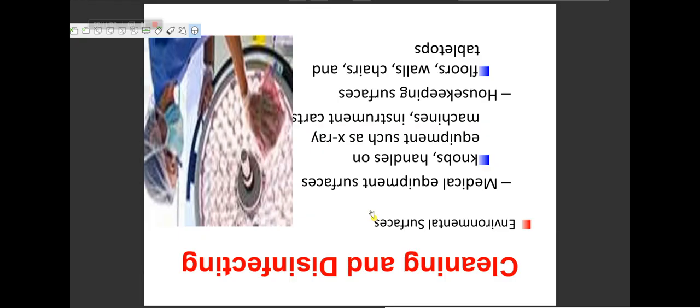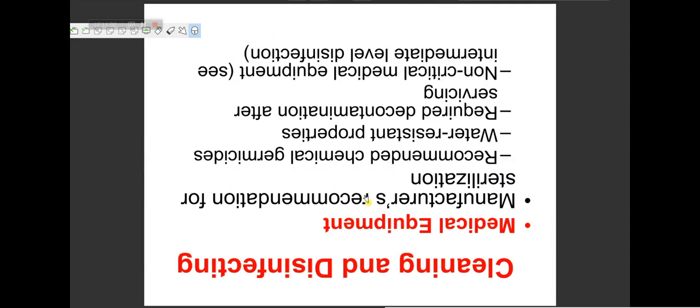So these knobs, handles, equipment such as x-ray machine, instrument carts, housekeeping surfaces should be disinfected, right? And floors, walls, chairs and table tops should all be disinfected. They should not carry any type of bacteria or microorganism, right?